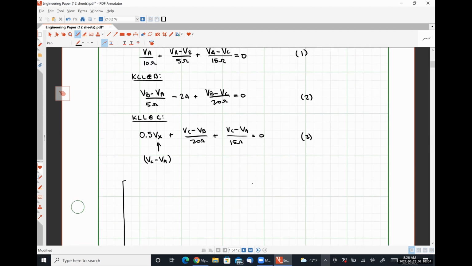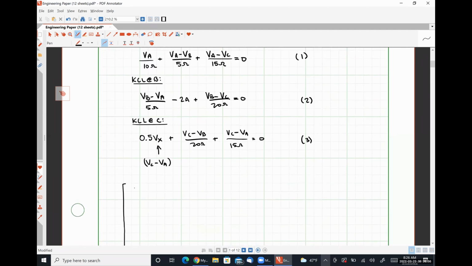So if we're looking at equation 1, our coefficient for VA is going to be 1/10 plus 1/5 plus 1/15. Our coefficient for VB is going to be negative 1/5. Our coefficient for VC is going to be negative 1/15.